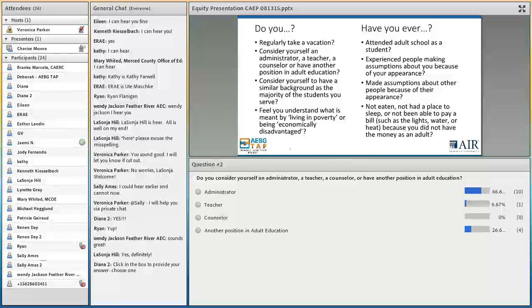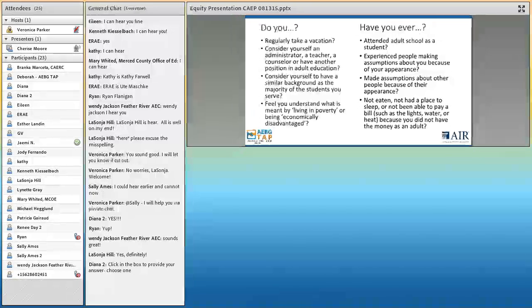Yes, please click in the box to answer the question. Click in the chat box in the middle of your screen, bottom half. All right, good. So mostly administrators here.